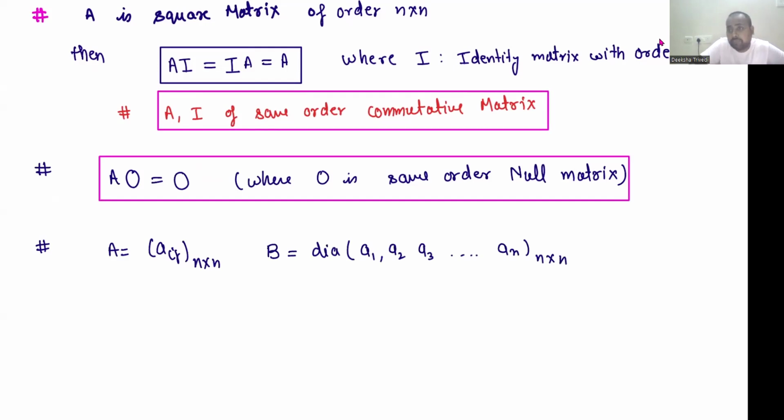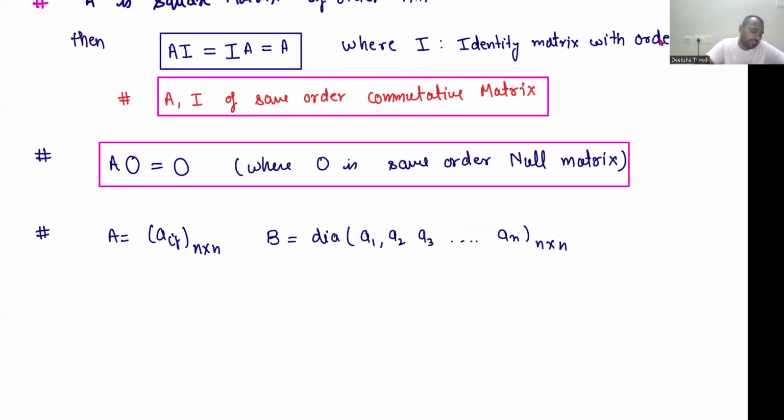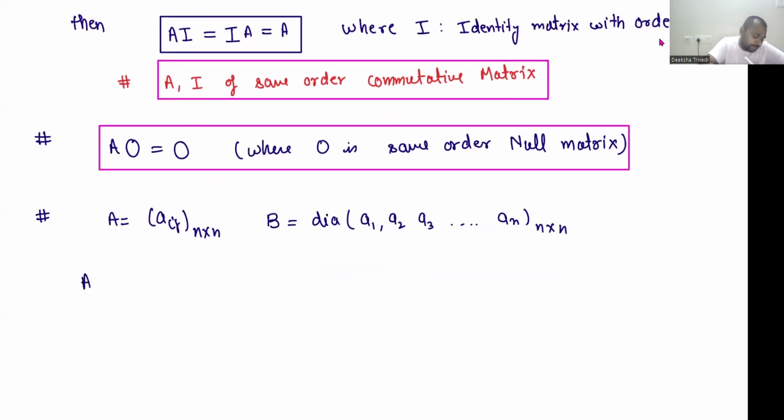In the previous class we saw this is the representation of a diagonal matrix. In the diagonal we have A1, A2, A3, An, and the rest all elements are 0. Now what is AB? If we do AB, then this diagonal element A1 is multiplied with all elements in the first column.